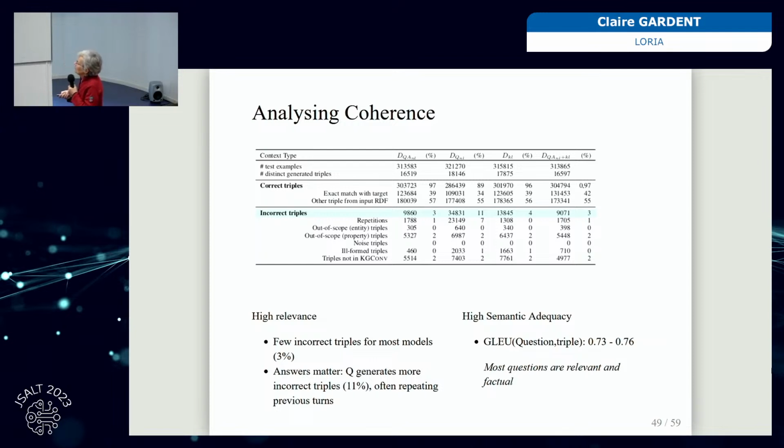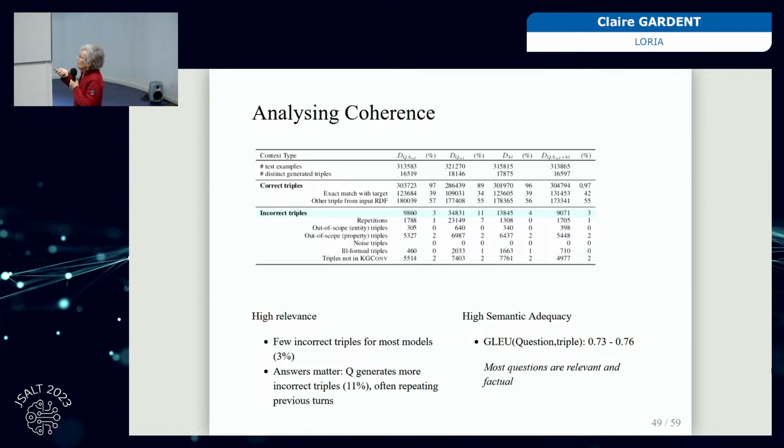To summarize, we have high relevance. Most of the triples that are predicted are relevant and correct. Then we compare the generated question with the triple using BLEU, basically the overlap in terms of n-grams between the question and the triple, and we see it's very high.